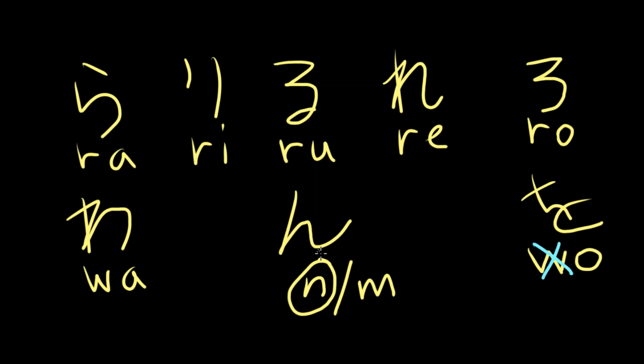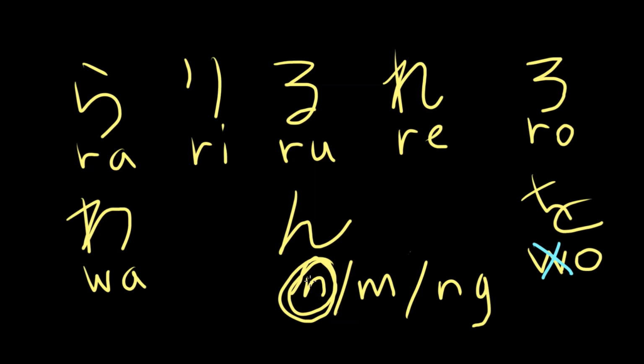Just with fluency, I guess, you know when to use it as an M sound. Some people say it can also sound a bit like an NG sound, but I'm not quite sure when. Stick with this. Learn it as an N sound.